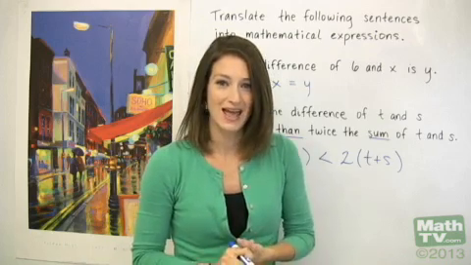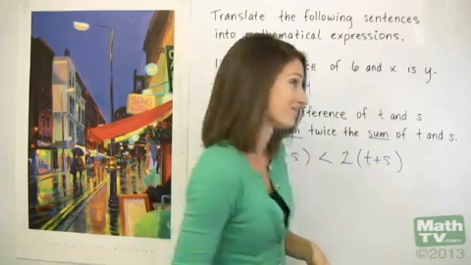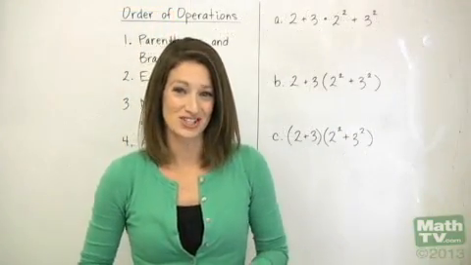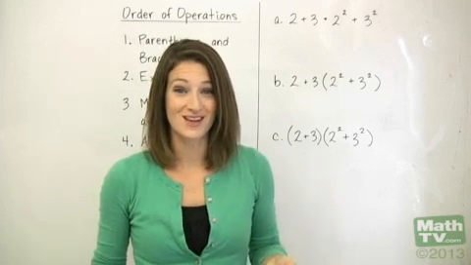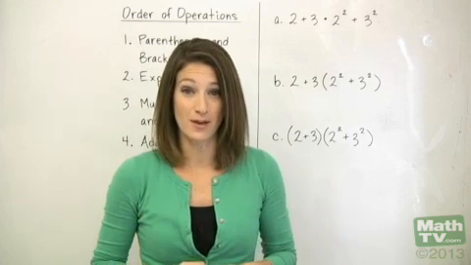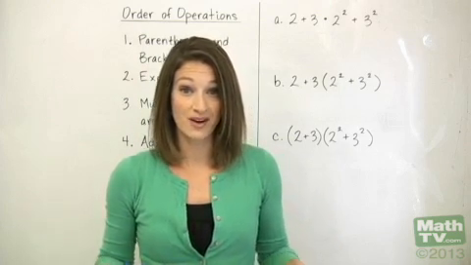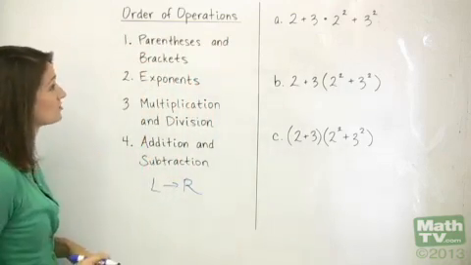So let's move on, and we'll work with simplifying and using our order of operations. Now the order of operations is a very important strategy to use when working through math problems. I'm going to walk you through a few problems, and you'll see that although they have some similar numbers, the order and the grouping of their operation symbols is different, therefore they're going to have different answers. So let's review these steps to the order of operations first.